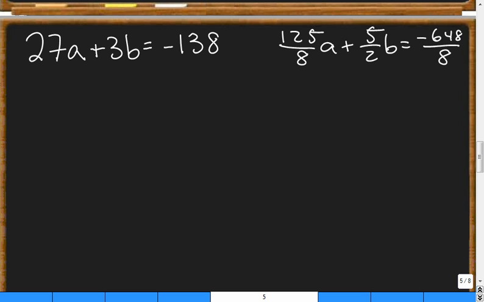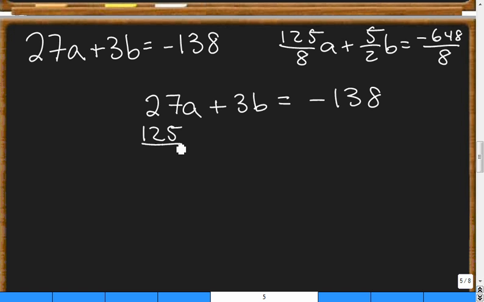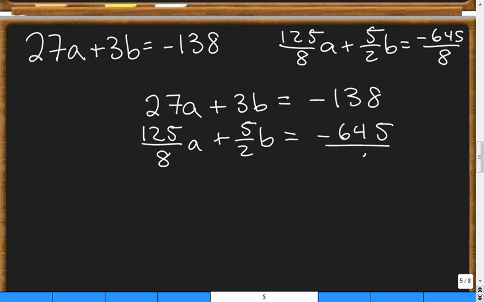This is something new that we haven't quite covered, but we can put these two equations together. So it's 27A plus 3B equals negative 138, and we have 125 over 8 A plus 5 halves B equals negative 645 over 8. So we can set this up into a matrix.